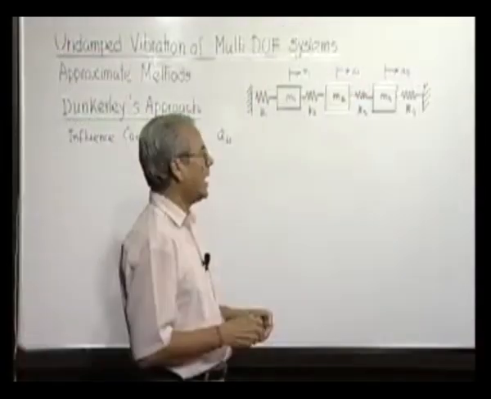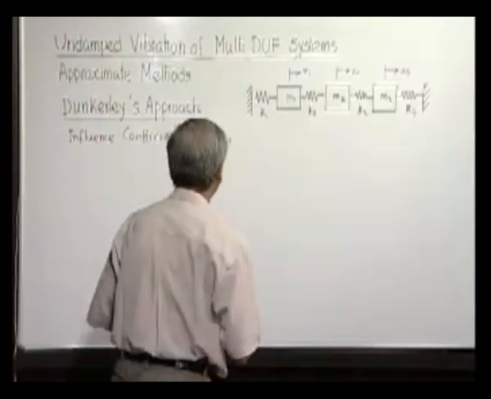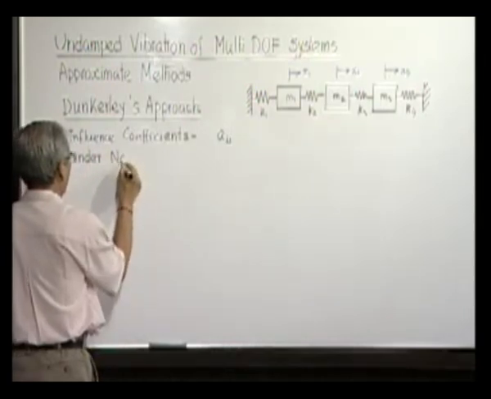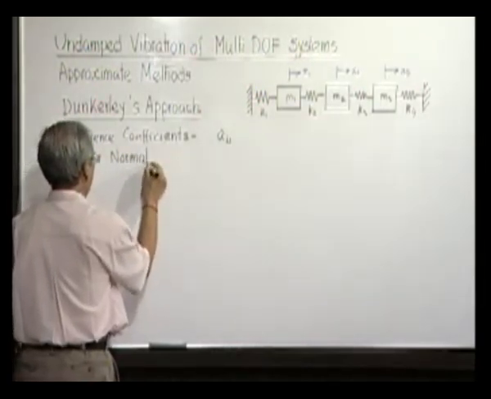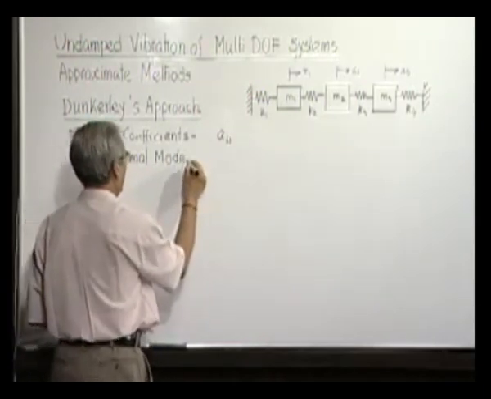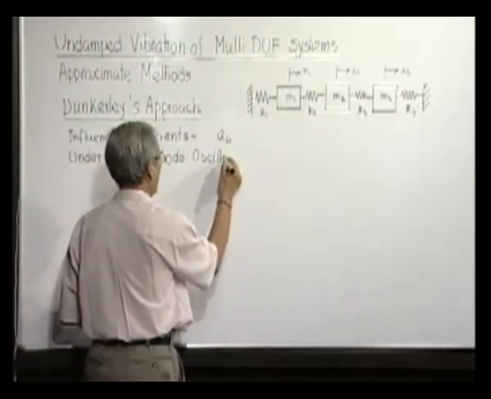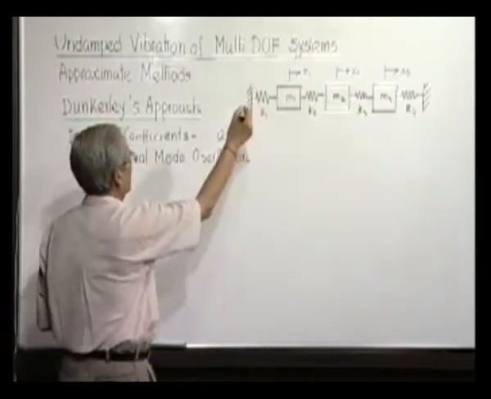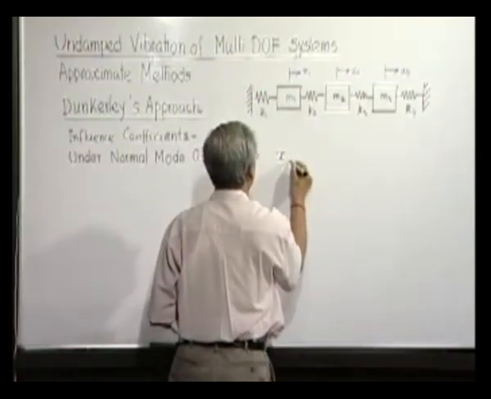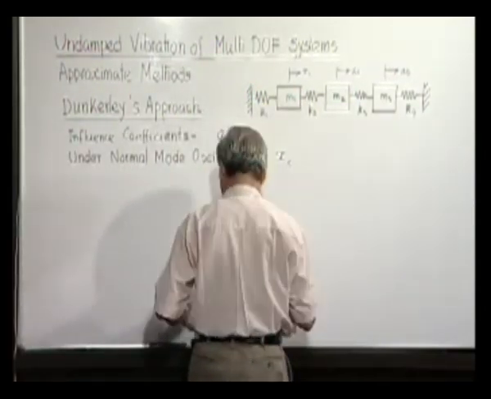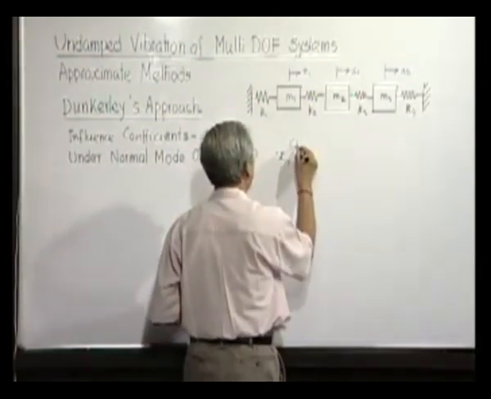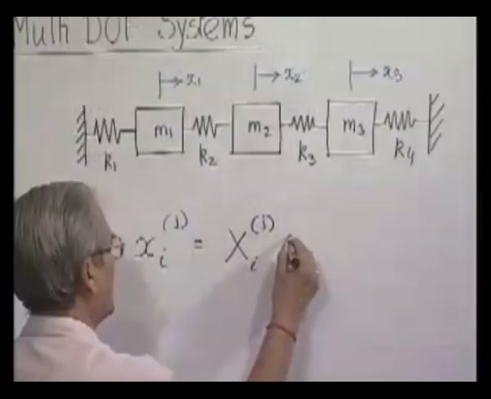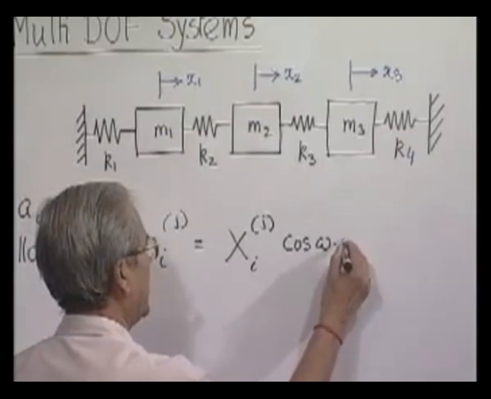Now, what we do, we know that under normal mode oscillation, each coordinate or displacement can be written as xi, in the jth mode, equal to xi, the jth mode, cosine omega j t.